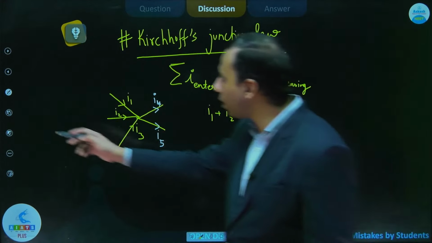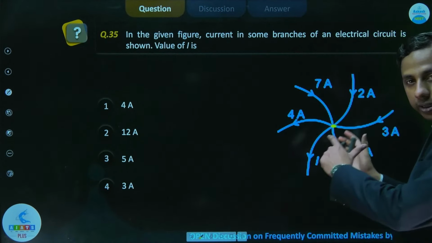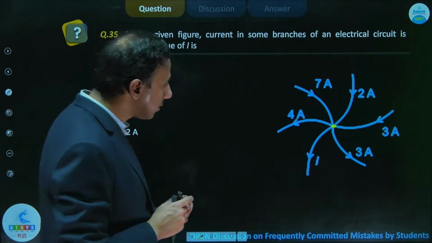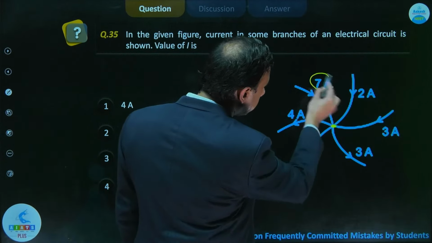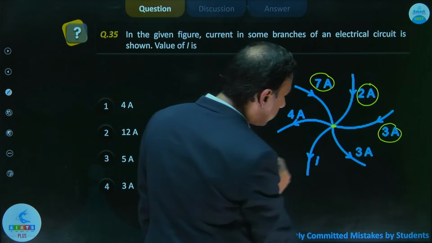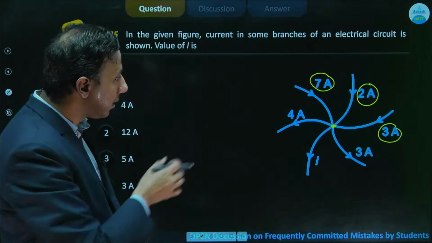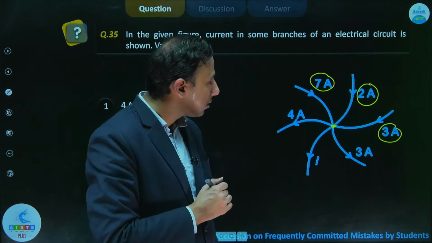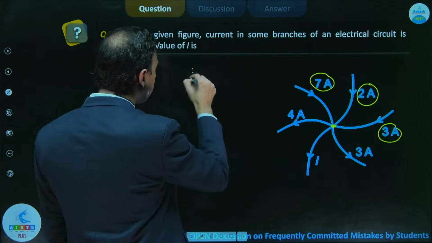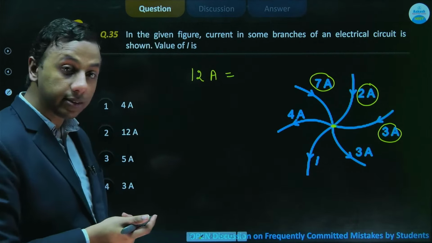Now going to our question, what are the currents entering the junction? Let's circle them. 7 ampere is entering, 2 ampere is entering, 3 ampere is entering, and that's it. So the total current entering is 7 plus 2 plus 3, that is 9 plus 3, which is 12 ampere, equal to the current that is leaving.